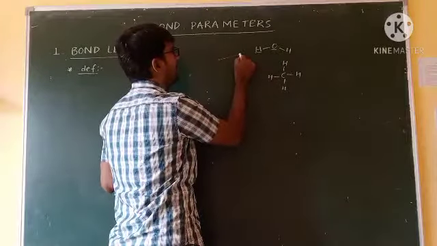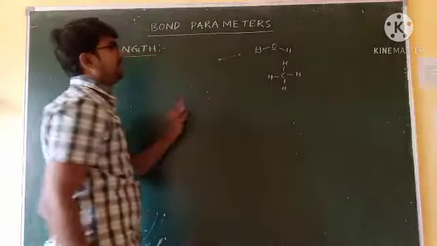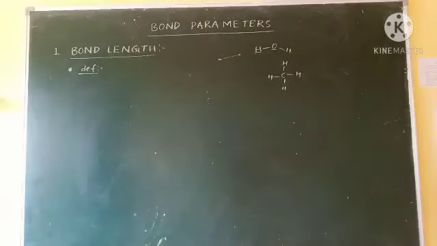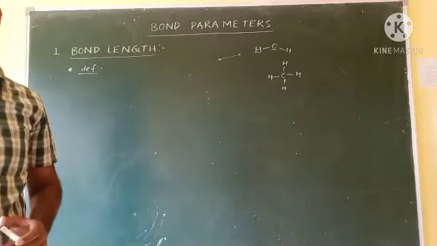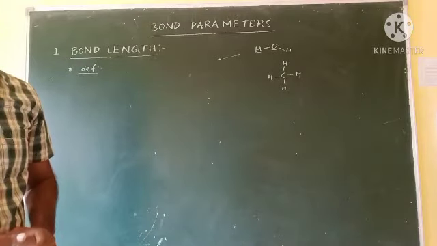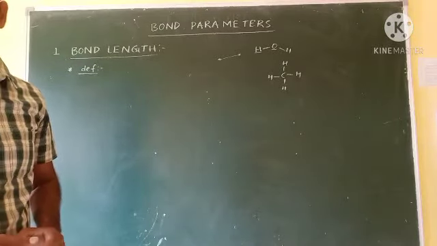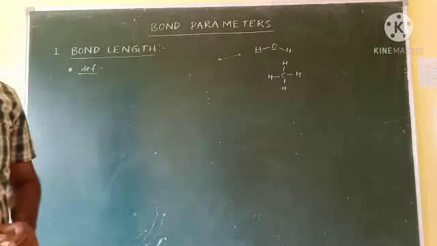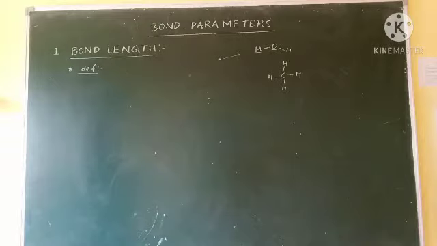So the equilibrium distance. Write again. Definition: the equilibrium distance between the nuclei of two bonded atoms in a molecule is called bond length.